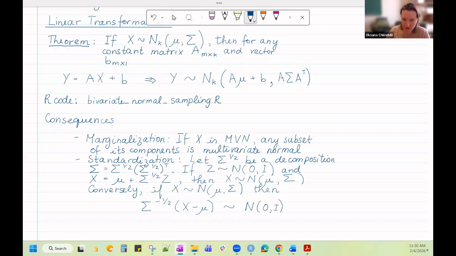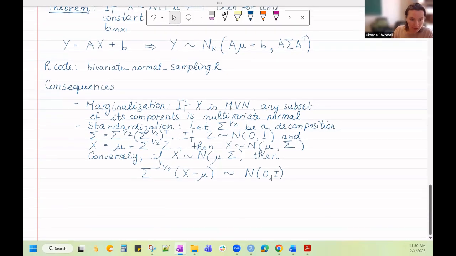In other words, we can remove the mean and decorrelate the covariance matrix. So those are some useful properties of the multivariate normal distribution.